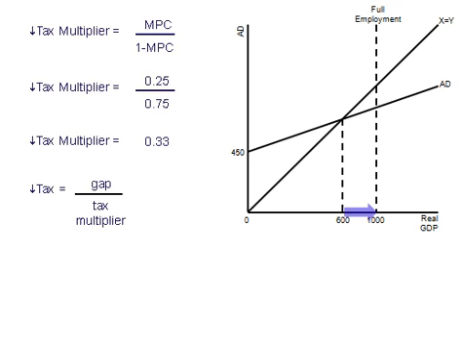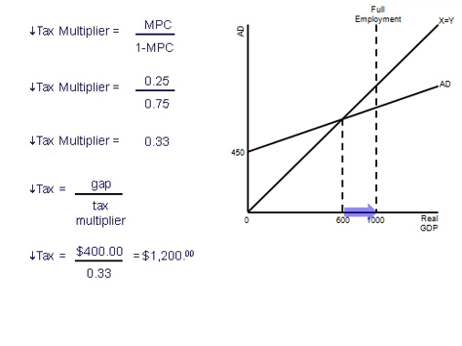Well, here's how you use it. We're going to take our gap of $400 and we're going to divide it by our tax multiplier. Because essentially what we're saying is, what is this gap, this $400, what is that 33% of? And the answer is $1,200.